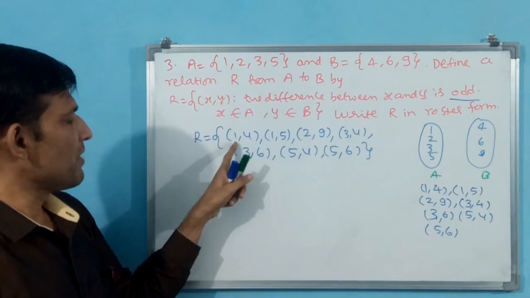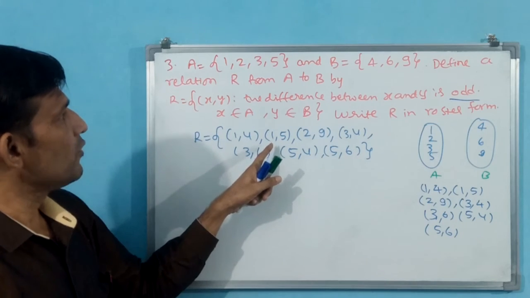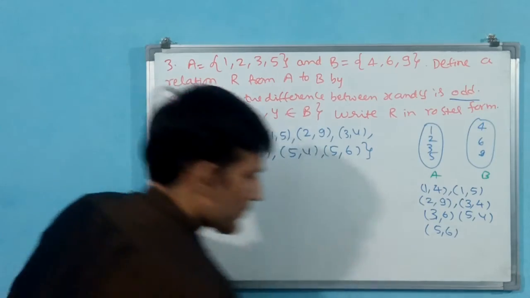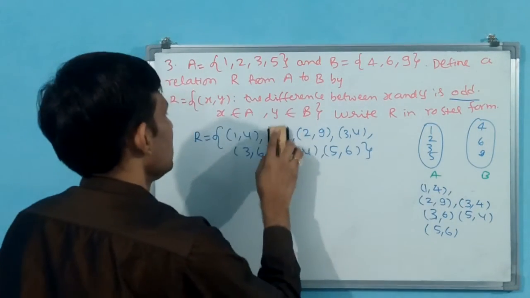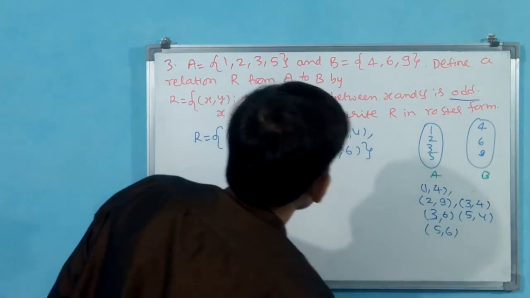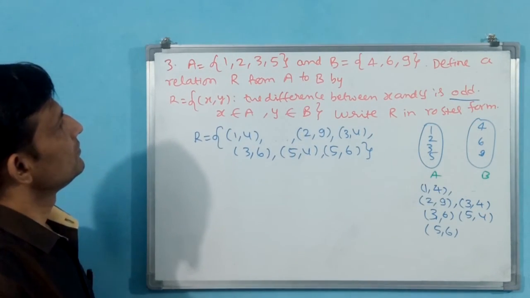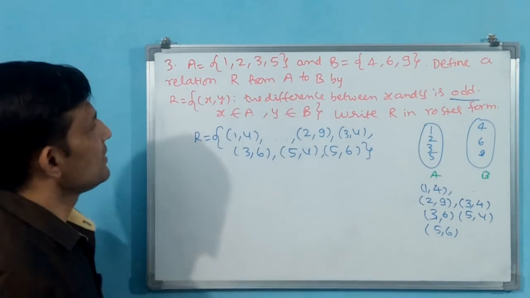Okay, 4 minus 1 is 3, 5 minus 1... how has it come? 5 minus 1 shouldn't come, no? 5 minus 1 is 4. 5 minus 1 should not come.